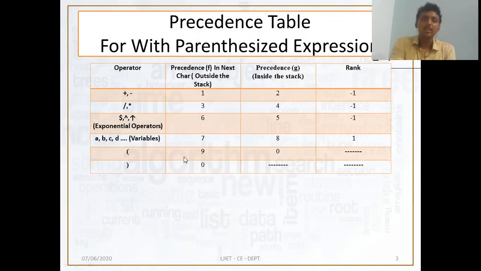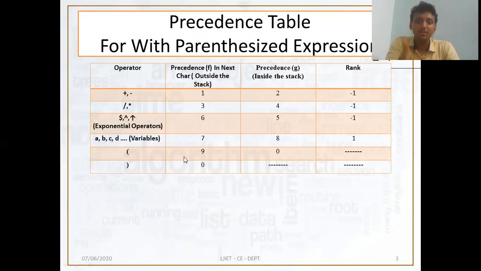Fine, clear. So in our previous example, in our without-parenthesis expression, the precedence of any symbol is the same inside the stack and outside the stack. But here, just remember, the precedence of every symbol is different inside and outside of the stack. Now, how to remember this?